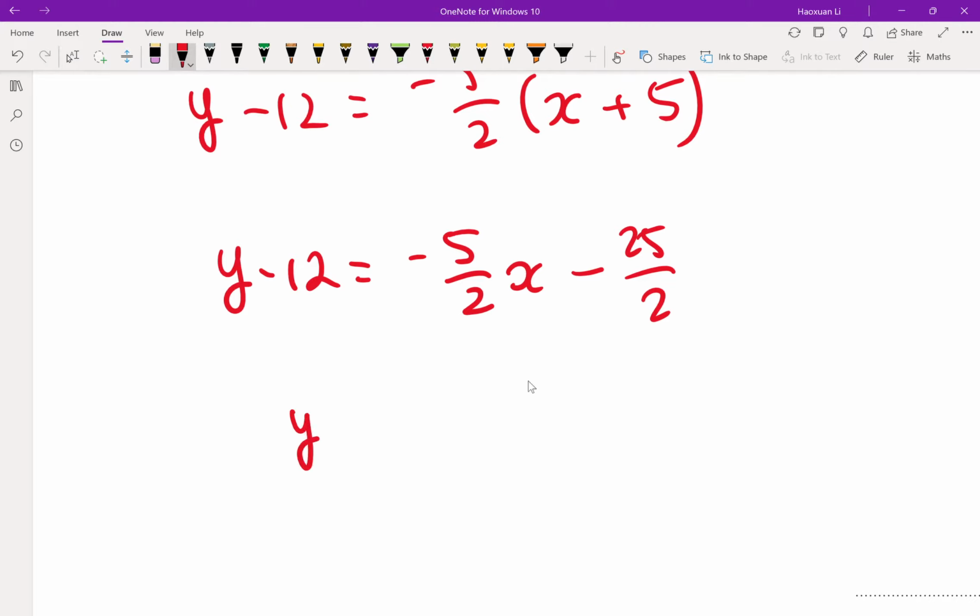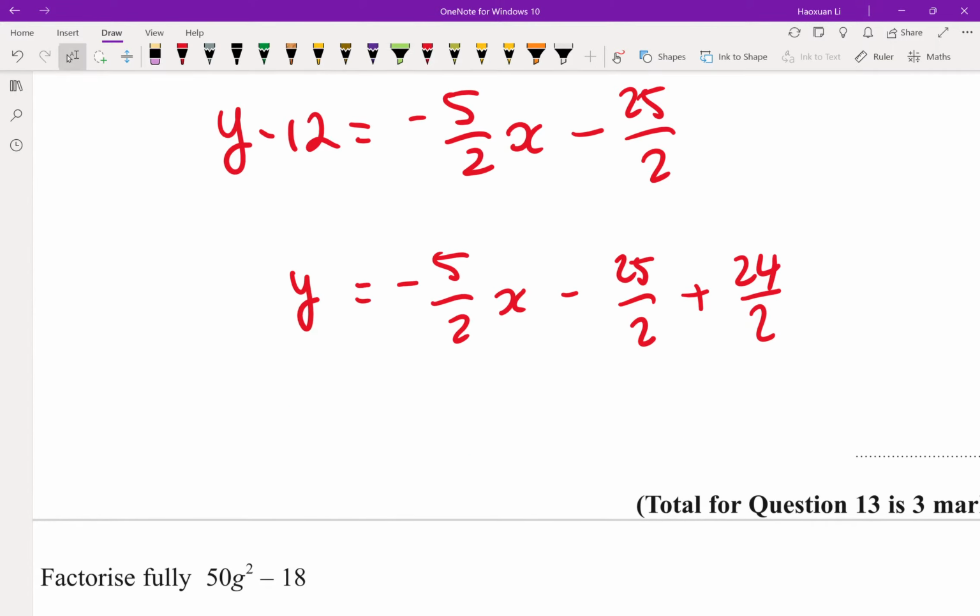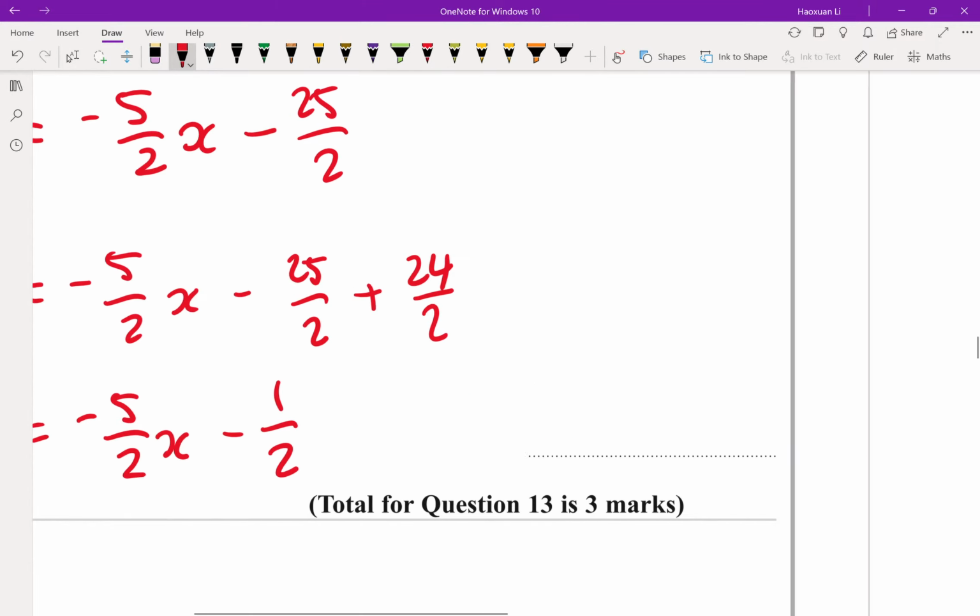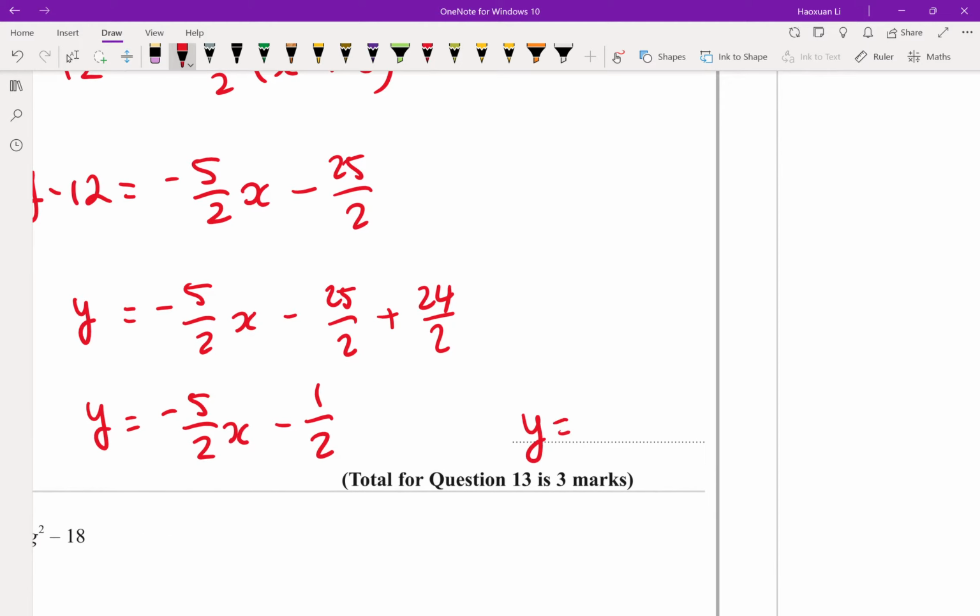Now you bring the 12 to the right hand side, and bear in mind that since this is negative here, this should be positive there. 24 over 2, so therefore this should give y equals -5 over 2 x minus 1/2. So this would be your answer to this question.